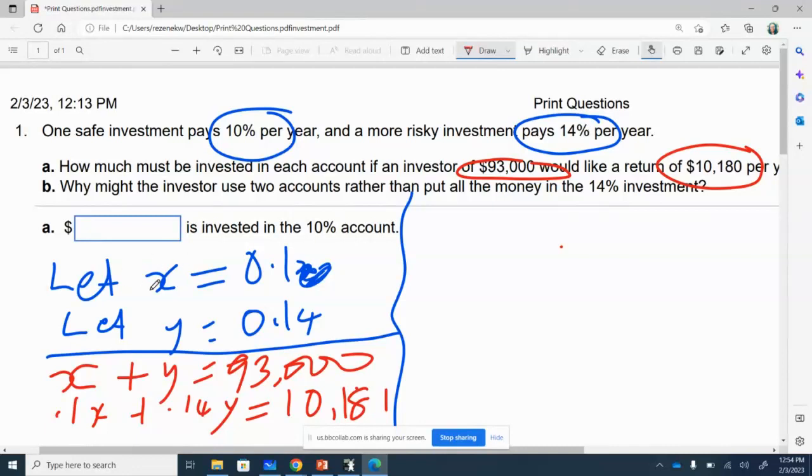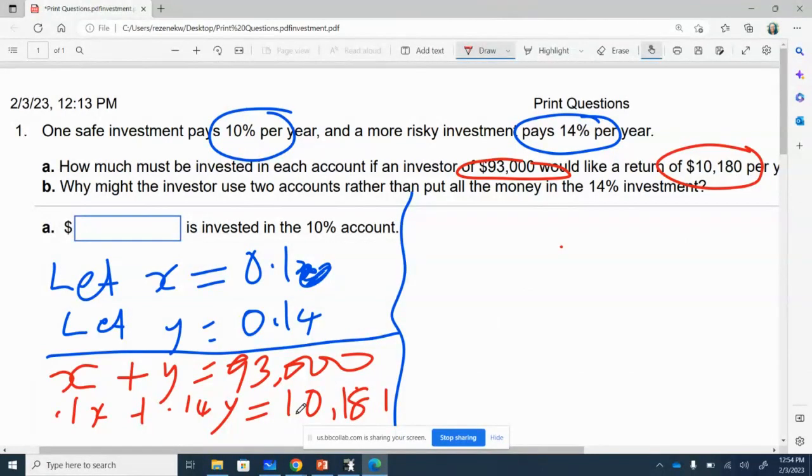We wrote let x equal the smaller rate of return and y the higher rate of return. We write an equation: x plus y is equal to the total amount of money this investor has, and 10% of x plus 14% of y must be equal to the amount of money he expects to have at the end of the year. Is that clear?